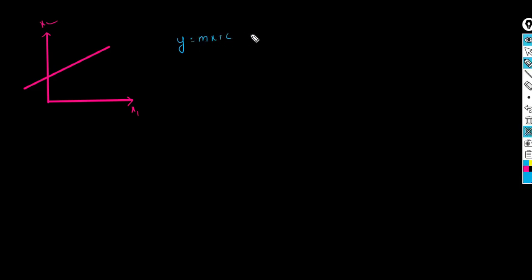Let's start with 2D space. In 2D space, a line represents a plane. We generally know the equation of a line: y equal to mx plus c, or we can also write it as ax plus by plus c equal to 0.